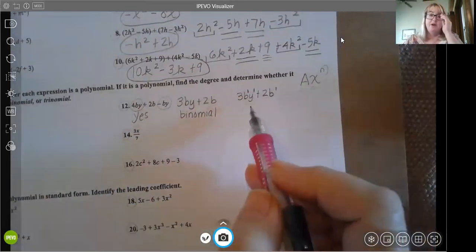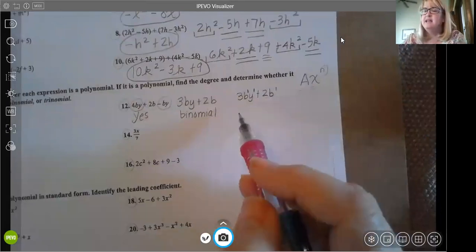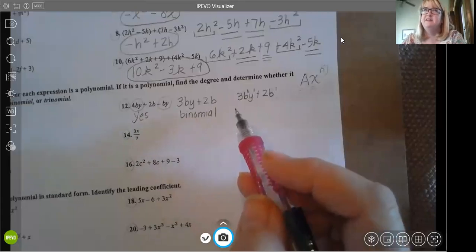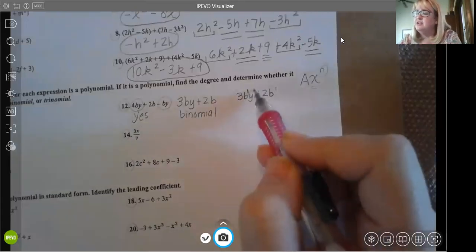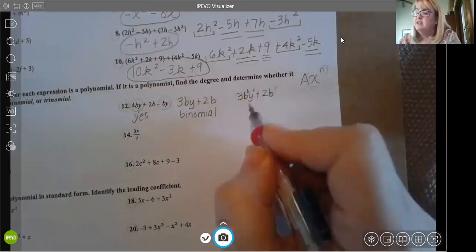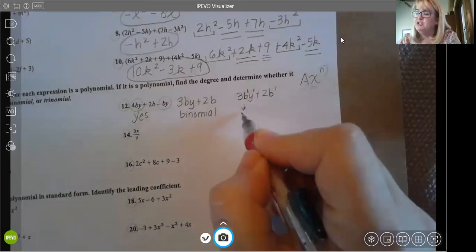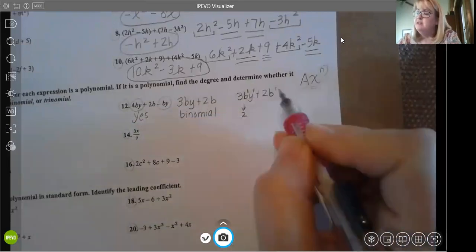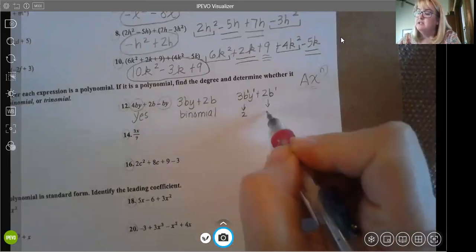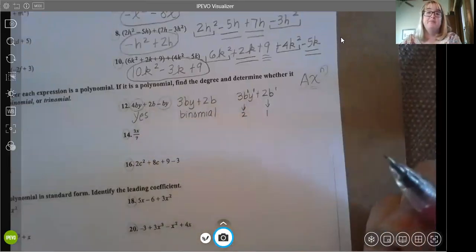So remember, the degree is found from the exponents of each term. The degree of this term, 3by, has an exponent of 1 and an exponent of 1, so the degree for this term is 2. For this one, we only have one variable with an exponent of 1, so the degree is 1.